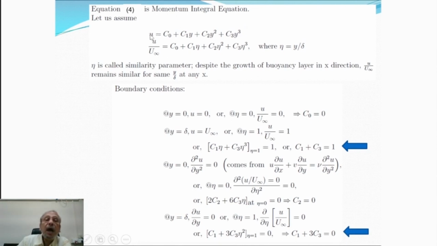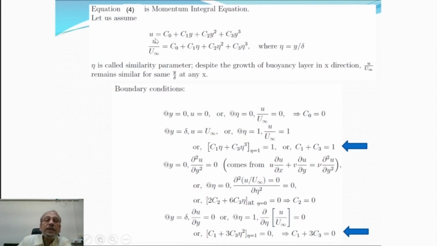This is the expression for u. Now again, based on our basic philosophy, we express non-dimensional u, that is u by u infinity, as a function of y divided by delta.